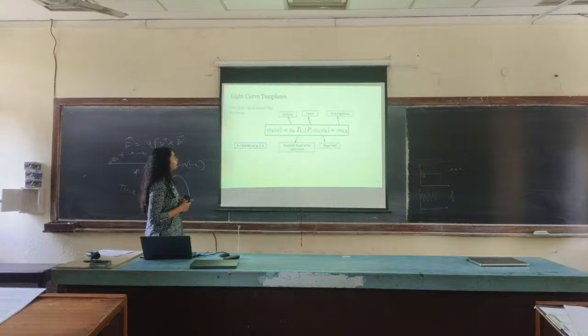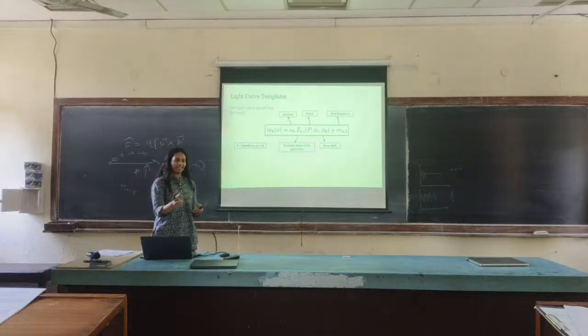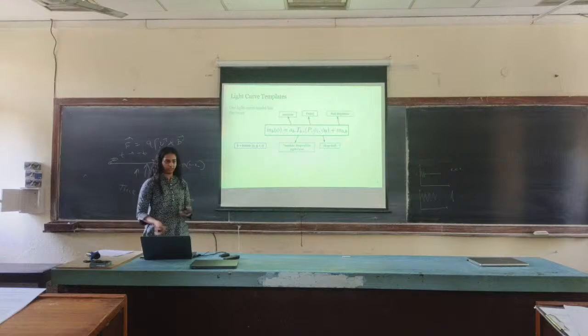The template model has a form like this. You have parameters like the amplitude, the period, the peak brightness, the phase shift, and the actual shape of the light curve. We already have some idea of the shape because of empirical RR Lyrae light curves from earlier data sets. We generally know what the shape of an RR Lyrae light curve looks like.